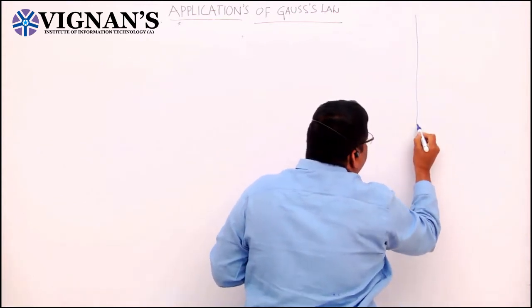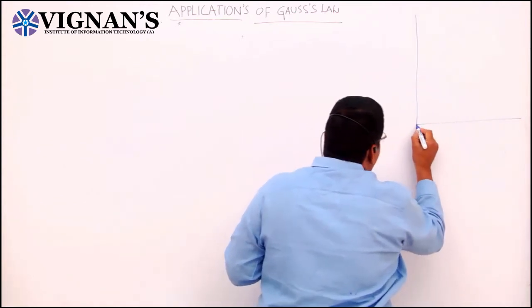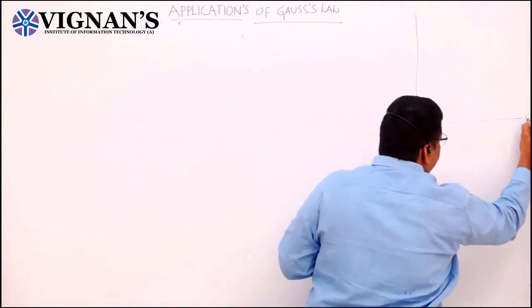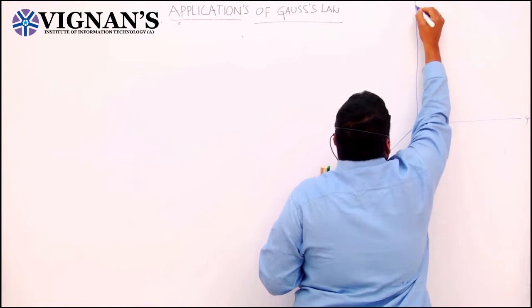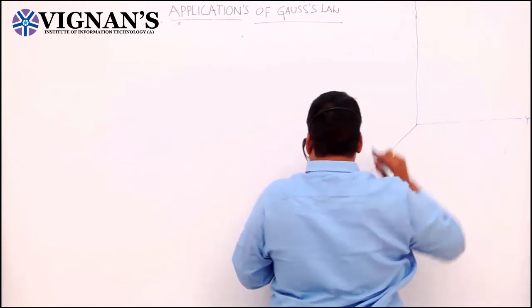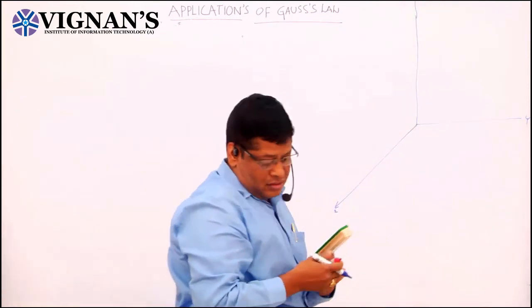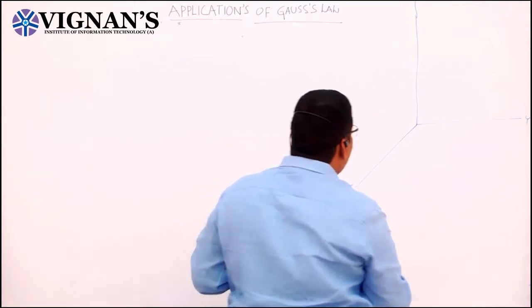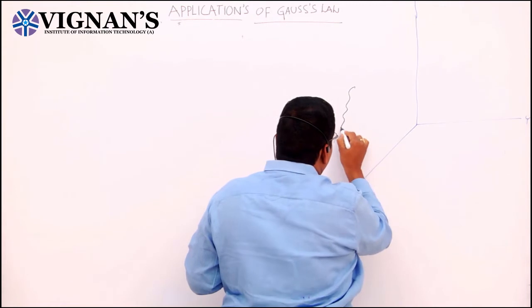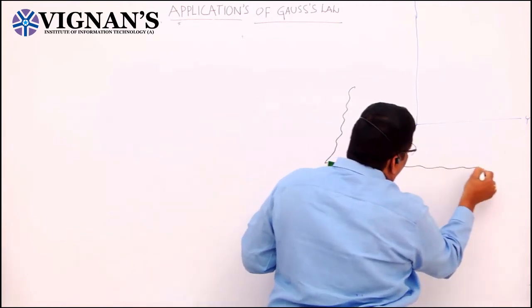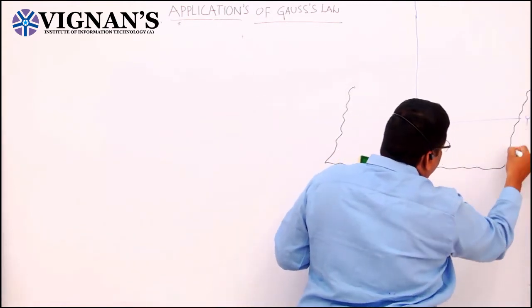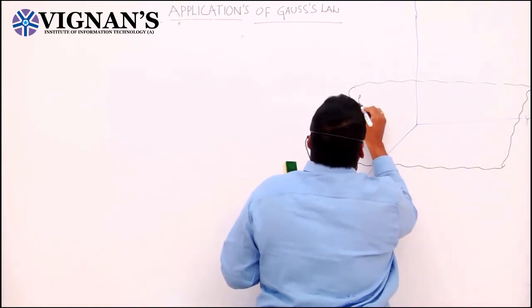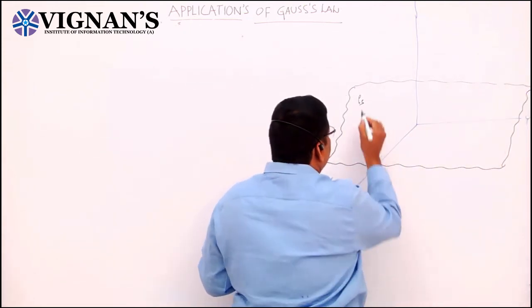This is the z axis, this is the y axis, this is the x axis. On the xy plane, we have taken the infinite sheet with a charge density of rho s.